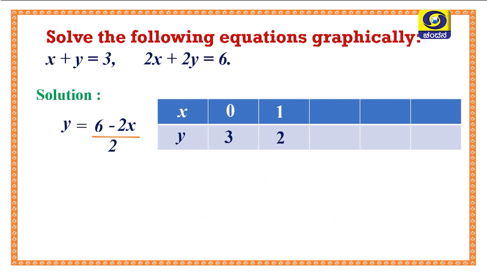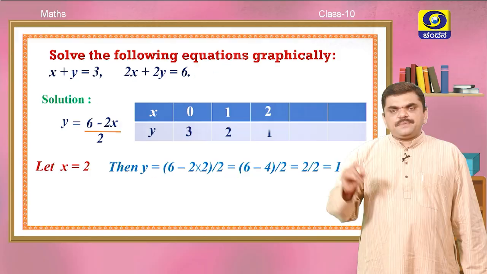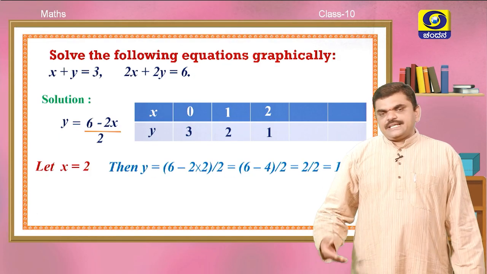And again put the value of x as 2, y is equal to 6 minus 2 into 2 divided by 2, that is 6 minus 4 divided by 2, that is 2 by 2, that is equal to 1. So, when x becomes 2, y becomes 1, right, children.